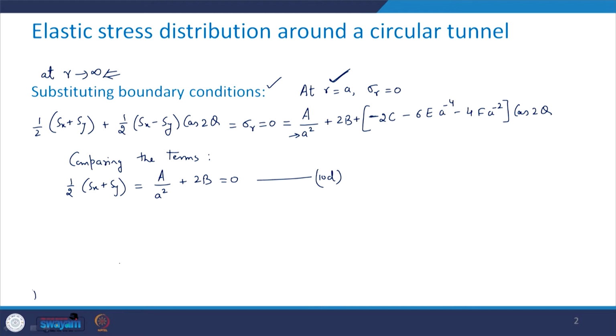We already had 10a, 10b and 10c from the previous class, and then you will have the next term, which is minus 2c minus 6e a to the power minus 4 minus 4f a to the power minus 2, this is going to be equal to 0, that is equation 10e.